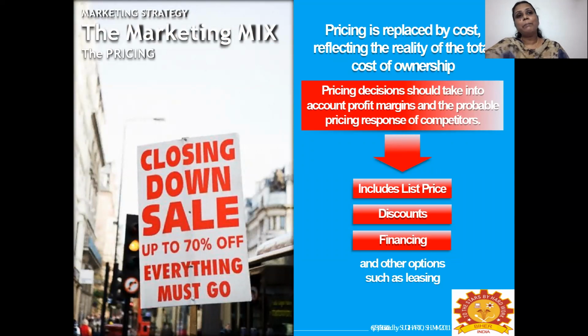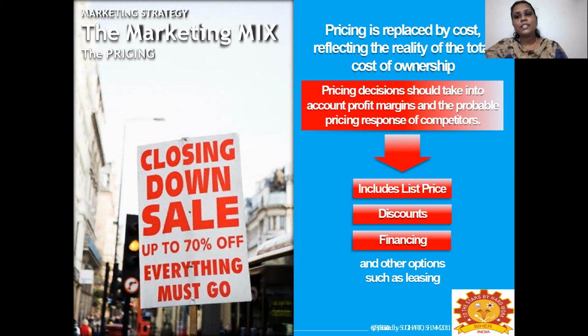And then we have the price. Now, what is the price? The price is the cost to buy a product or a service. In order to avail a service, you have to pay some money. You have to buy a product, you have to pay some money. So that is what is called price. For the consumer, it represents the money to spend for attaining benefits. For the company, it is the money that has been asked for the offering.